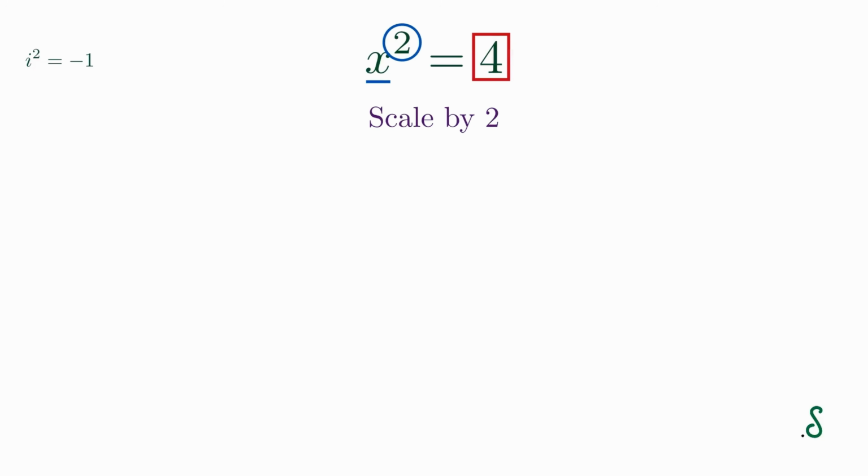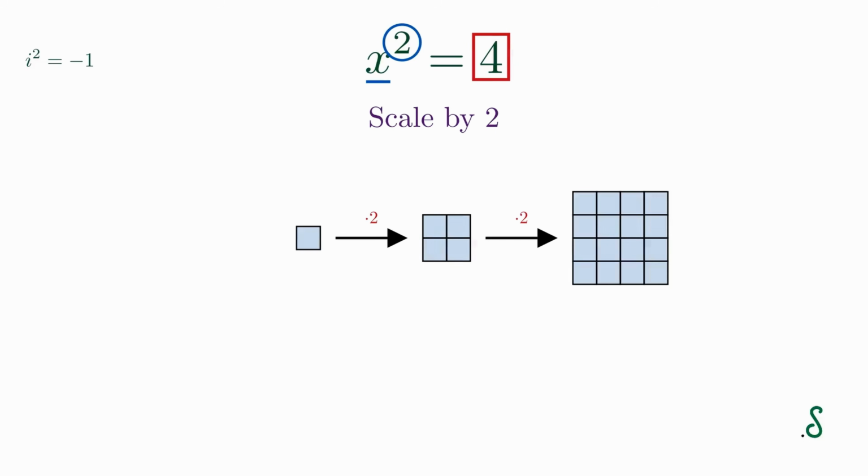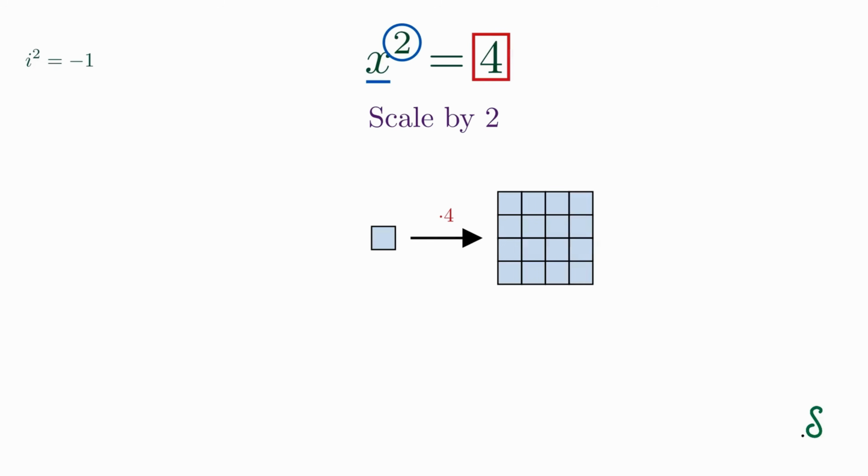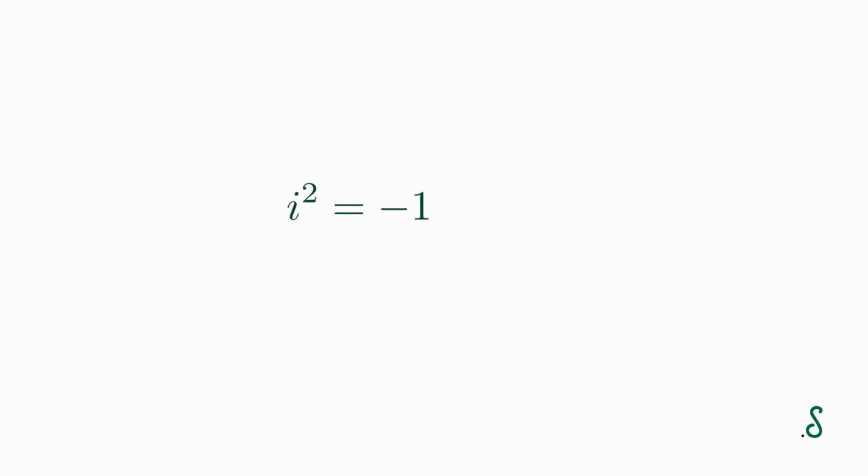And we can visualize this. A 1 by 1 cube becomes a 2 by 2 cube when scaled by 2, and then a 4 by 4 cube when scaled by 2 again. And notice that this is the same as scaling a 1 by 1 cube by 4 in the first place. Now this is the secret intuition that we need to really understand what i is. Now let's come back to i squared equals -1.